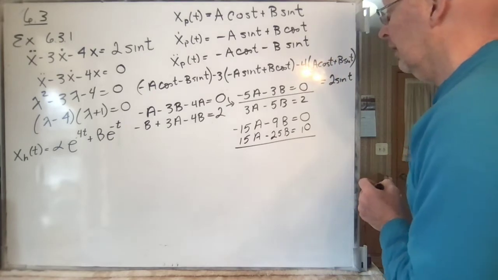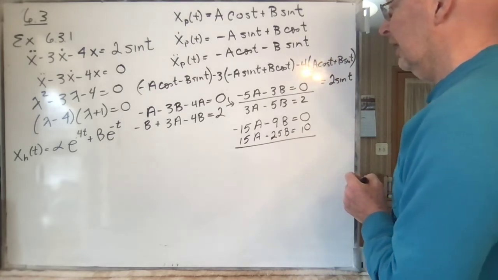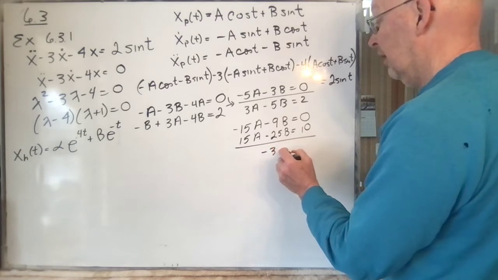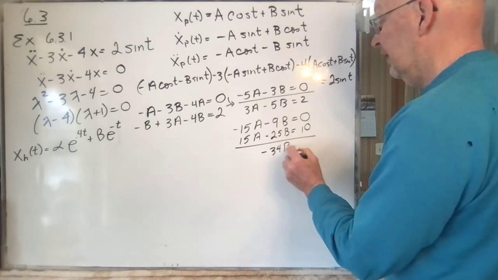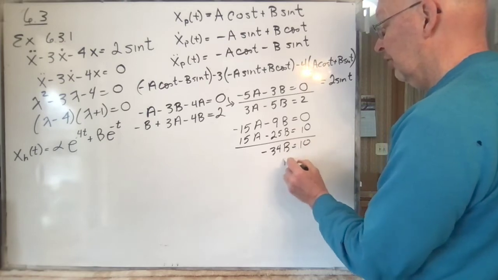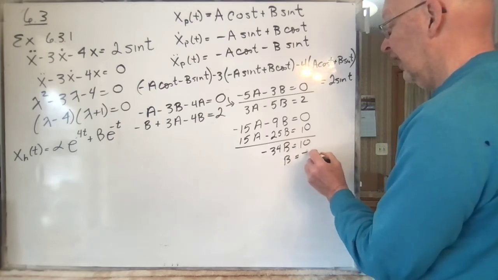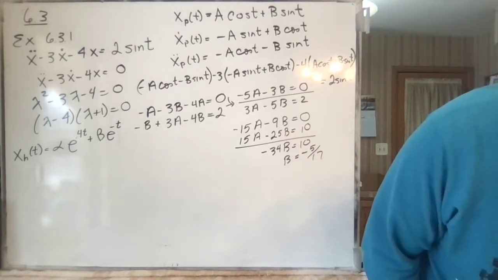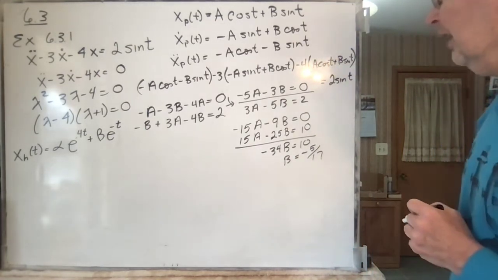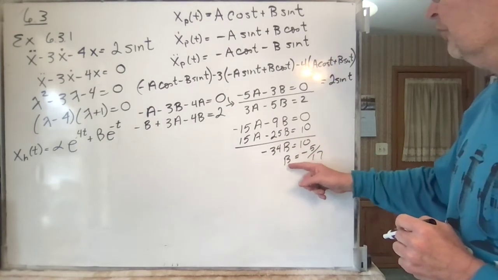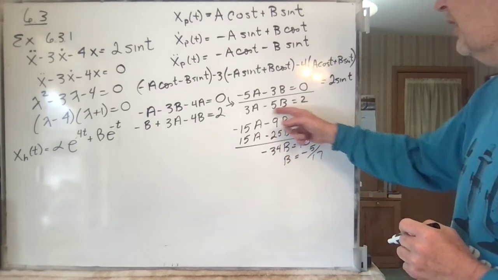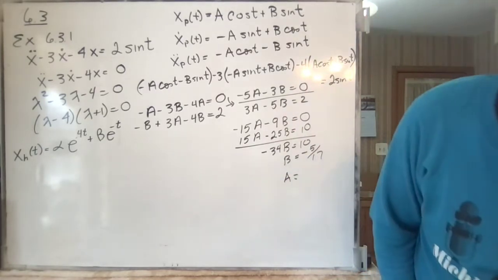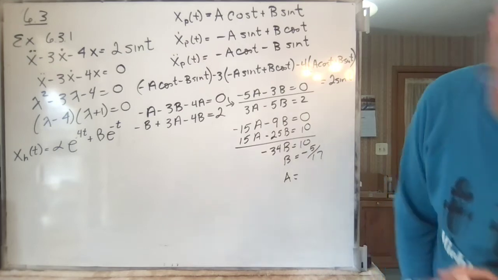Add them together, and you're going to get negative 34b is equal to 10. So b is equal to negative 5/17. Let's see if I'm lucky enough that I got the same thing before I did. Okay, and then there's your b. Stick it back into either of these equations, and you're going to get a, I won't do it, I'll just grab it, is equal to 3/17.